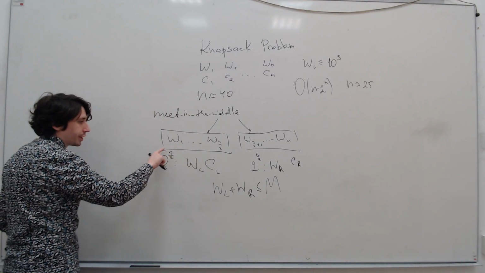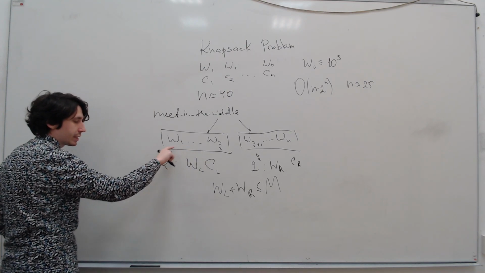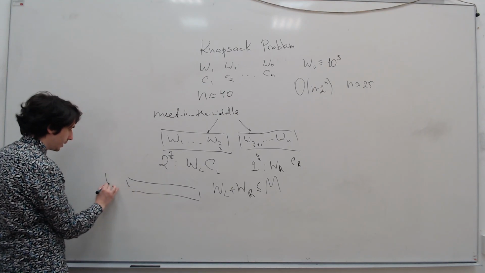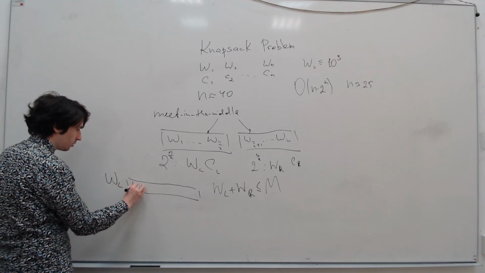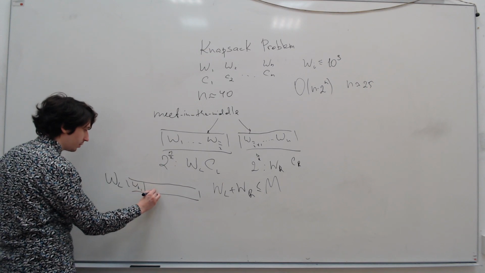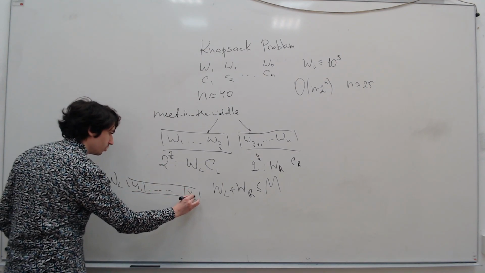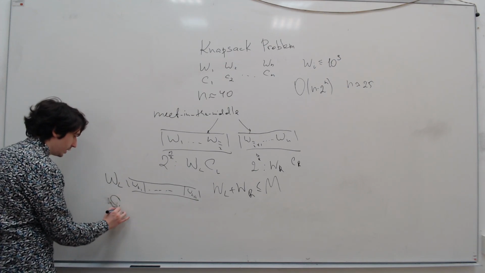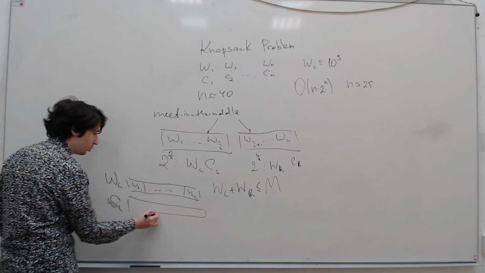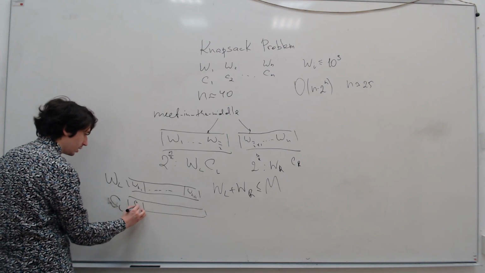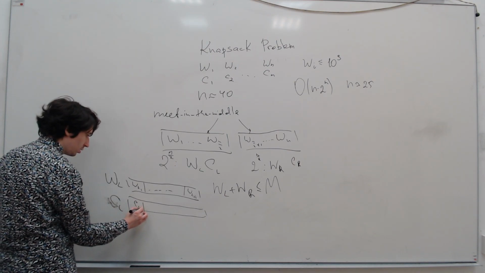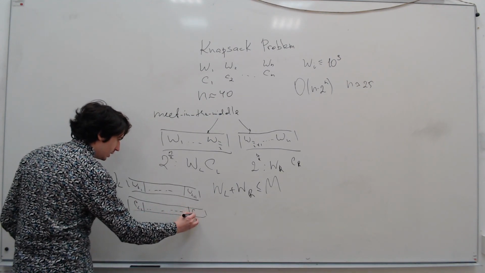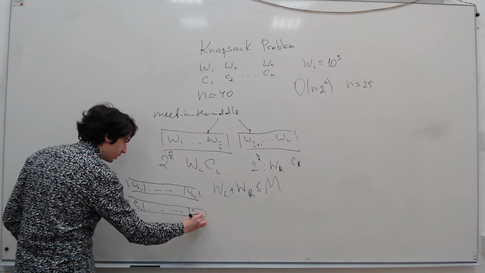Let us sort all the possible subsets on the left. So we have w left 1, and so on, up to w left 2 in the power n over 2, and c left, which will be the corresponding cost, c left 1 and so on up to c left 2 in the power n over 2.